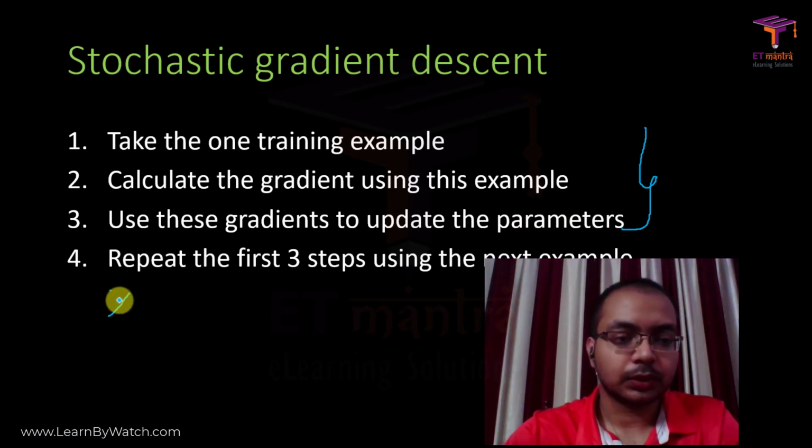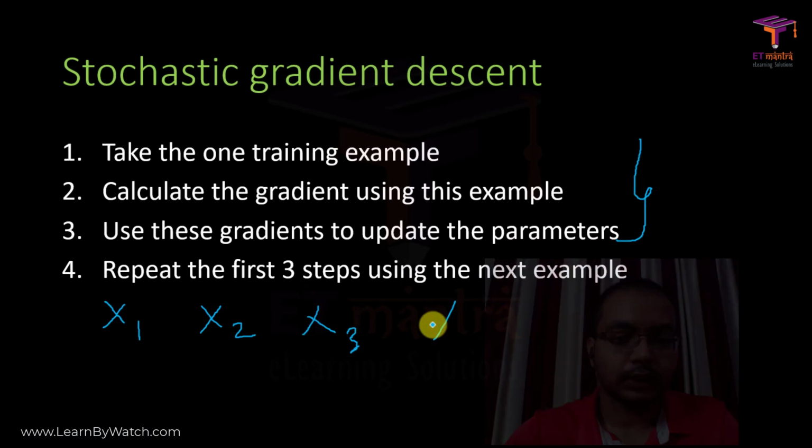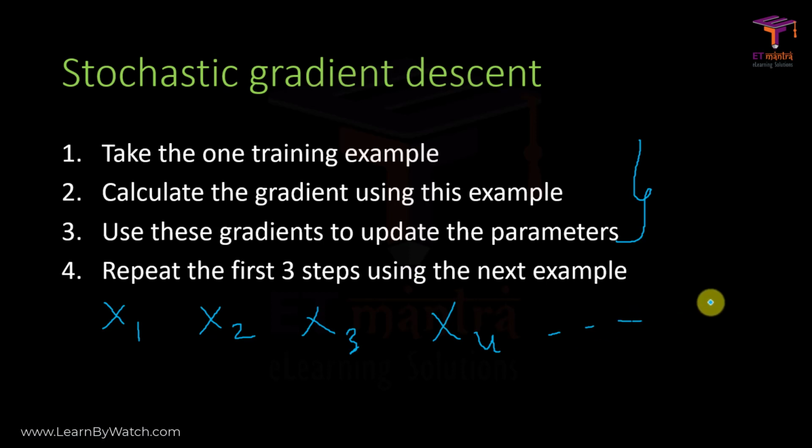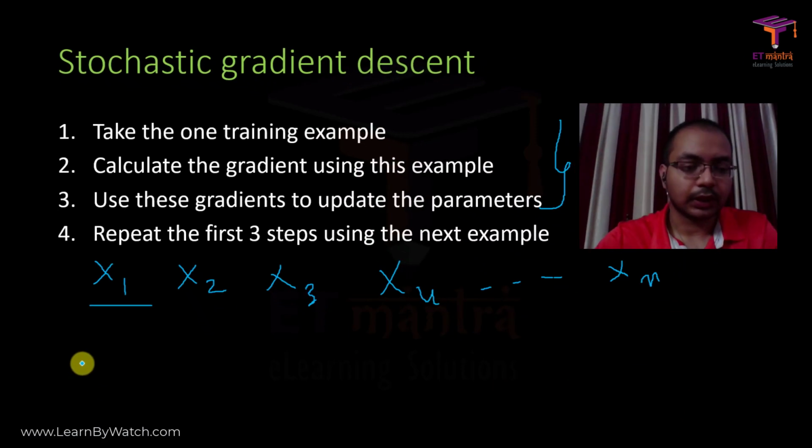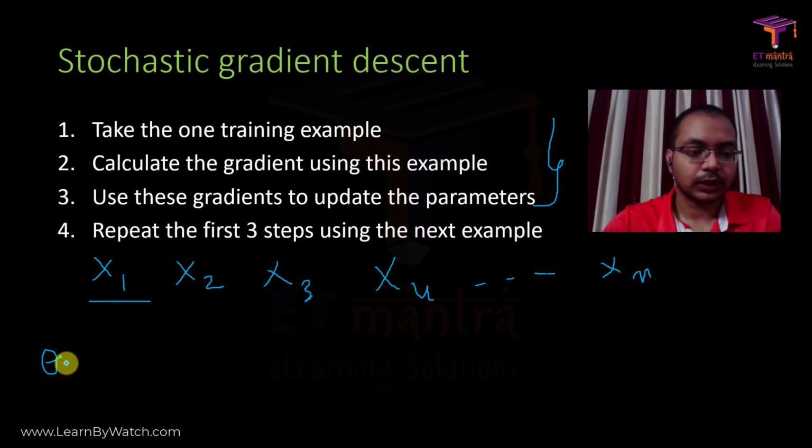So what we do is, suppose we have these training examples x1, x2, x3, x4 till xn. So in batch gradient descent we used to consider all of these examples for calculating the gradient descent, and then we would update the theta vector. But in stochastic gradient descent we take just one example and we calculate the gradient and we update theta.